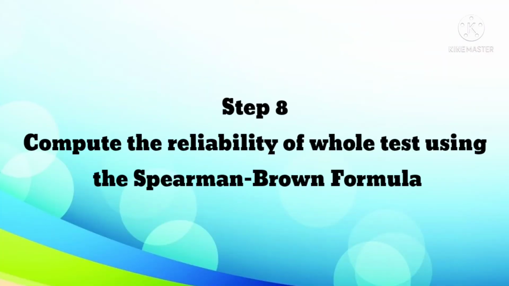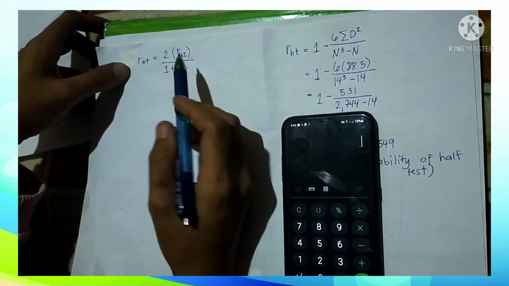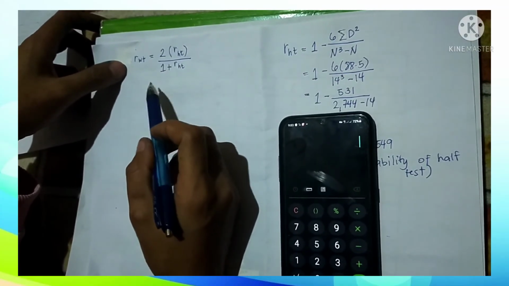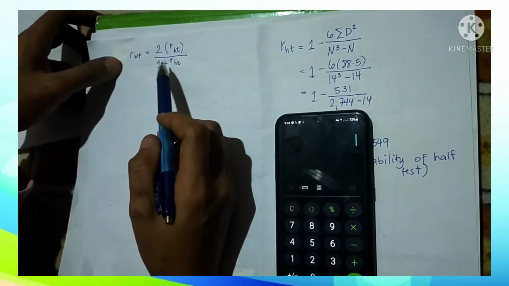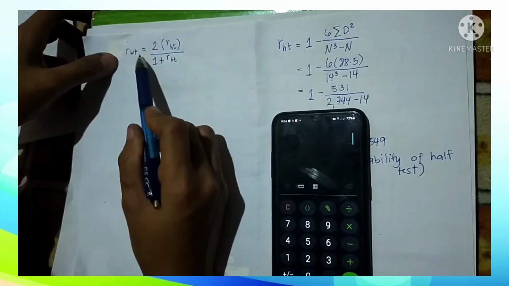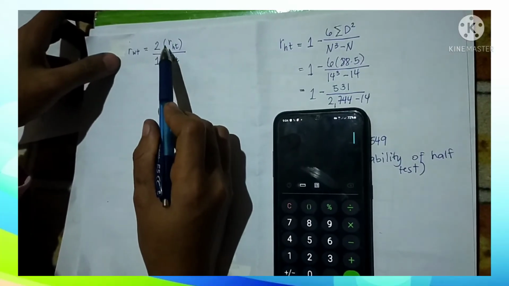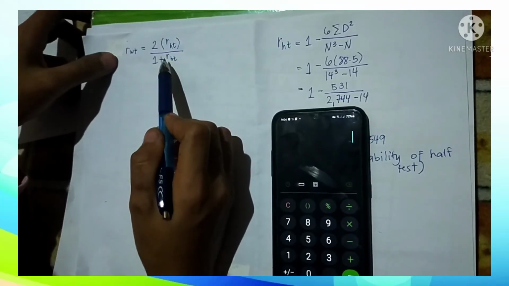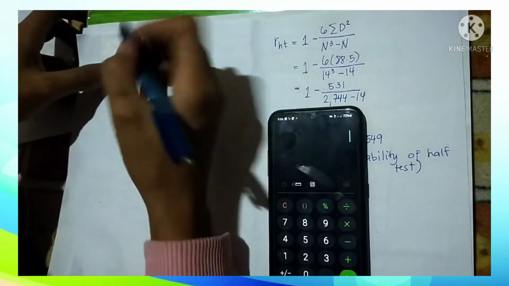Step 8. Compute the reliability of whole test using the Spearman-Brown formula. To get the reliability of whole test, we are going to use the Spearman-Brown formula, which is reliability of whole test equals 2 times reliability of half test divided by 1 plus reliability of half test.